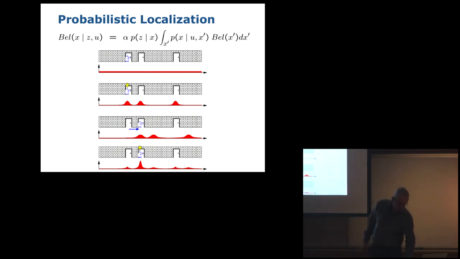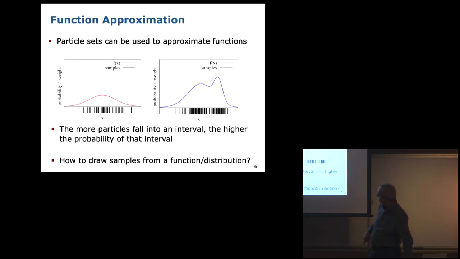So the key question, and that's what we're going to answer in this course, is how can we represent such a distribution? Which means that we need to do some function approximation. An interesting way of representing distributions is using particles or so-called samples.